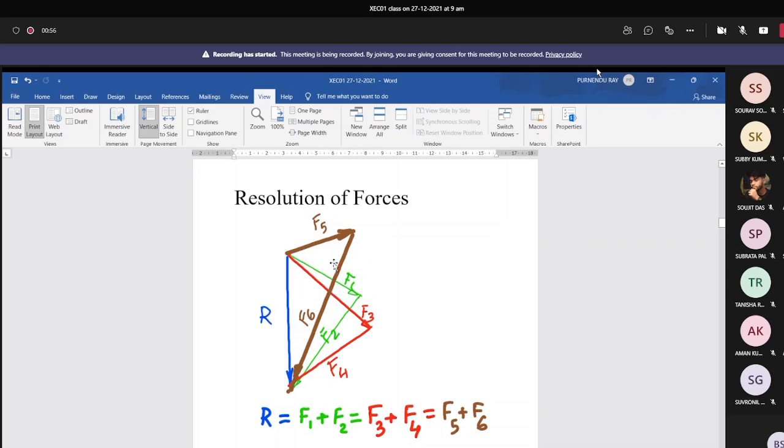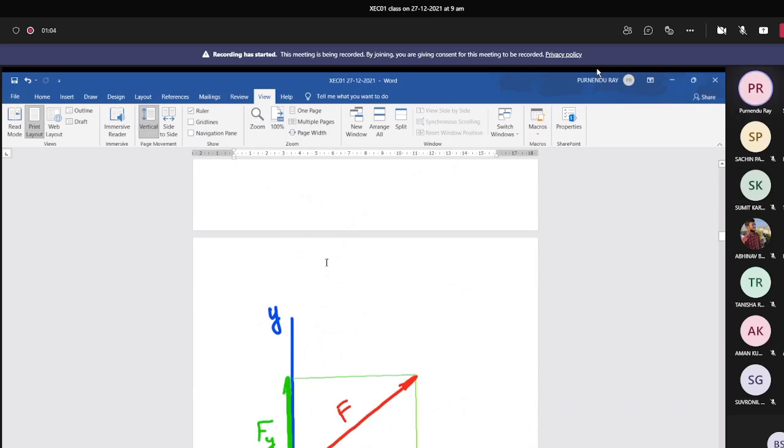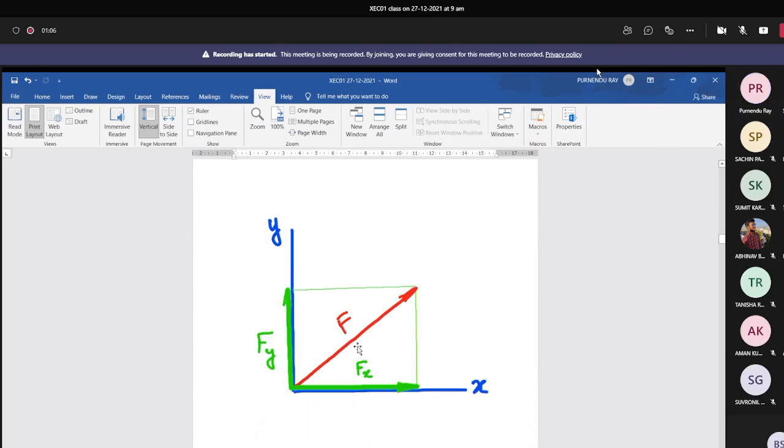Okay. Now that combination we can make according to our convenience. So here is that convenience.